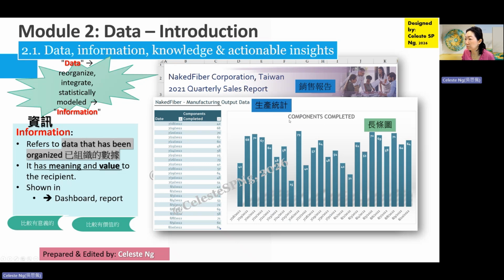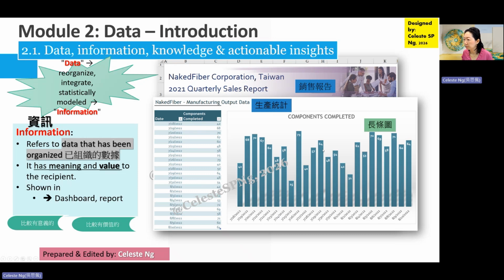This shows us the manufacturing data. Here we can see the daily data about the components, or actually the products completed, right? You can see the daily components completed, and we use each of these data to draw a graph, right?